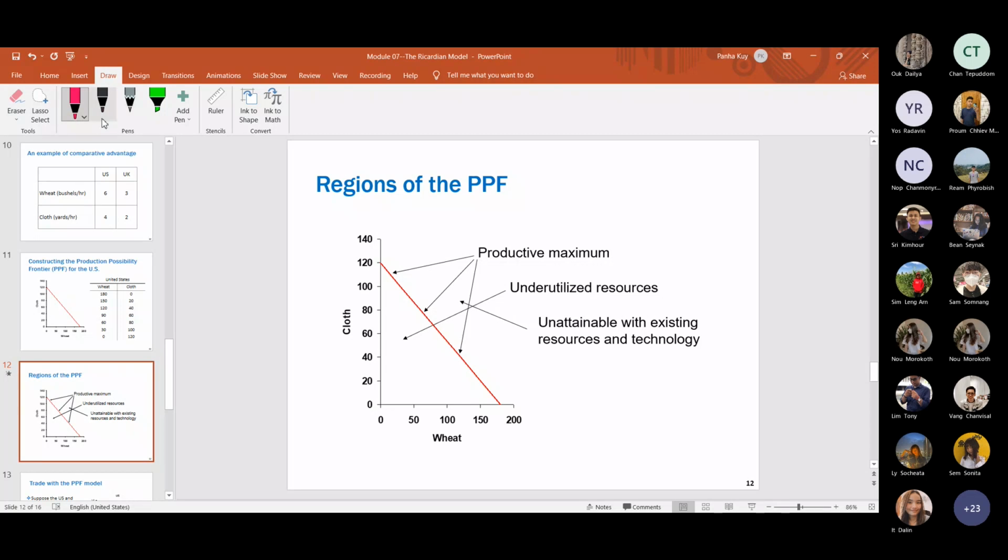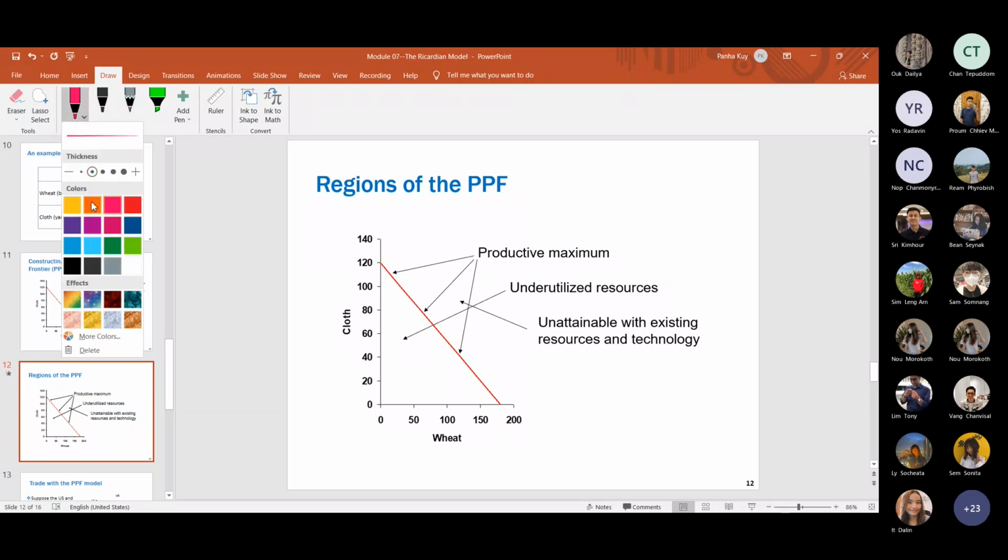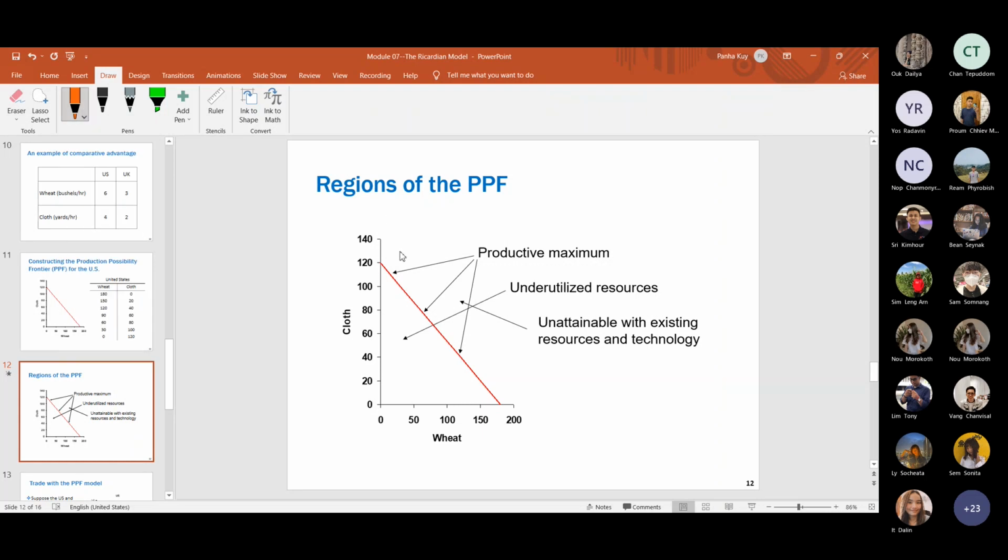When you learn about economic growth, just open the brackets. When you learn about economic growth, the shifting of the production possibility frontier from here represents economic growth, okay? It's not a growth course, but just to let you know, we sometimes measure growth based on the production possibility frontier.